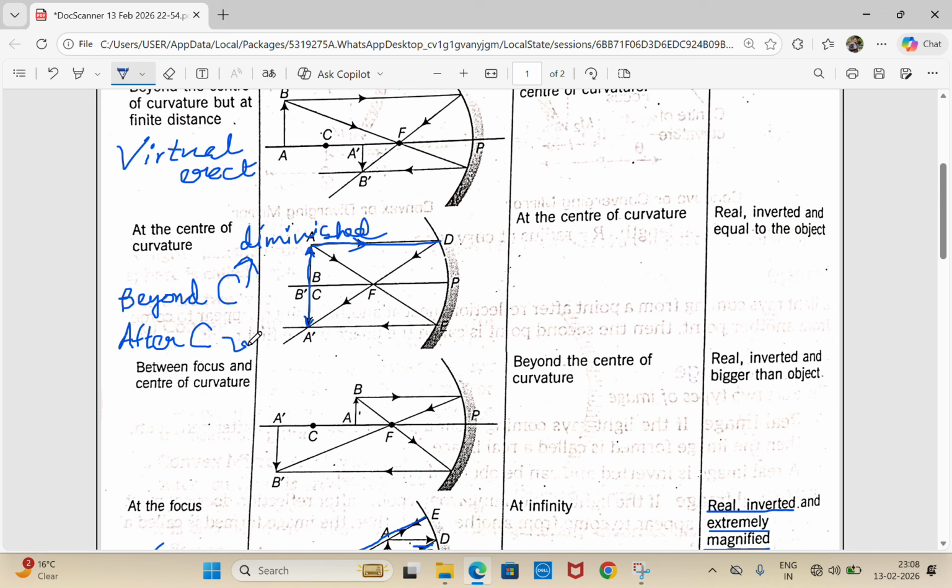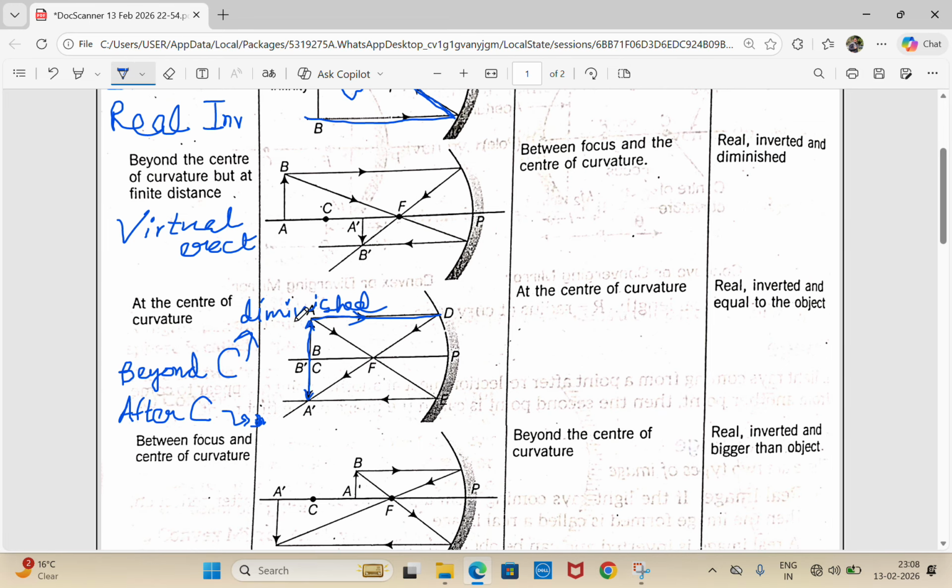And after C, it is always, uh, small. Sorry. It is actually large after C. And at C it is the same size.